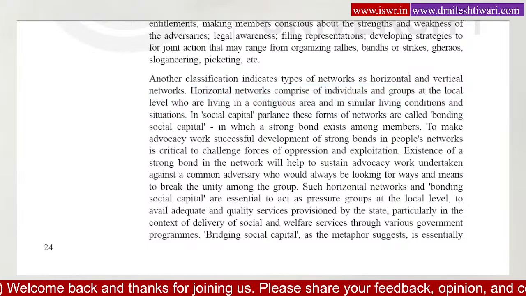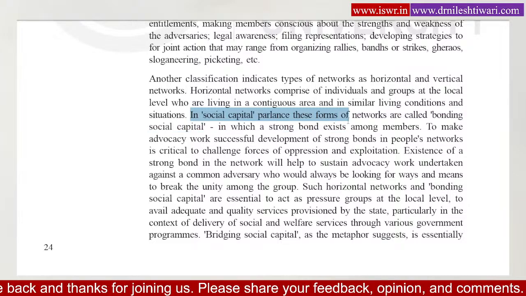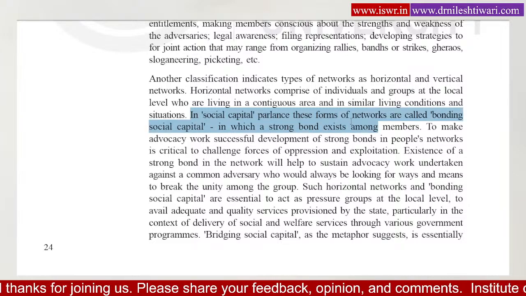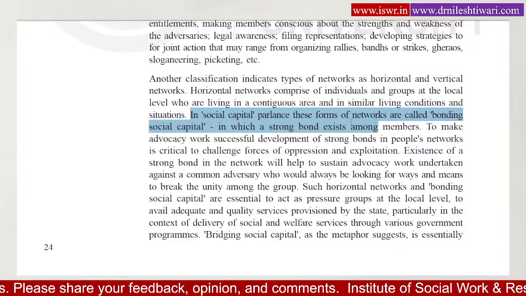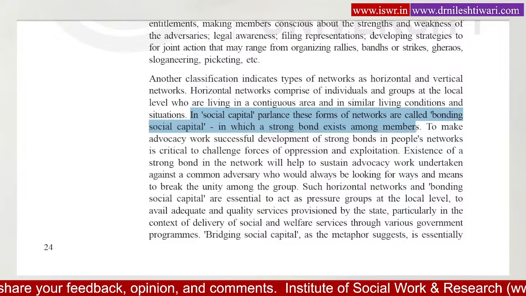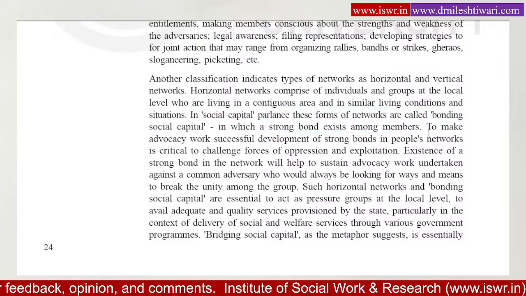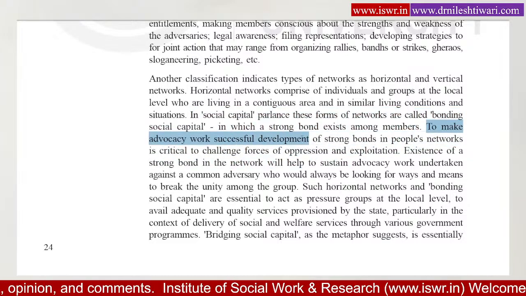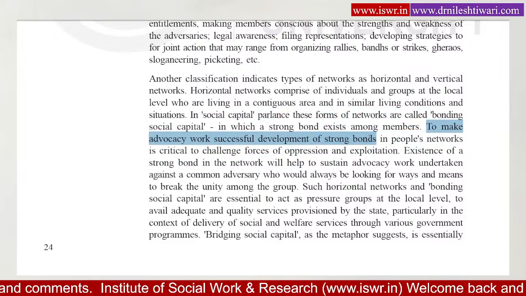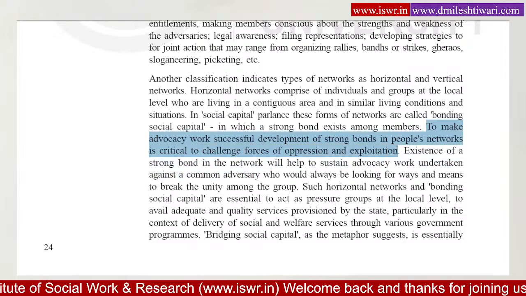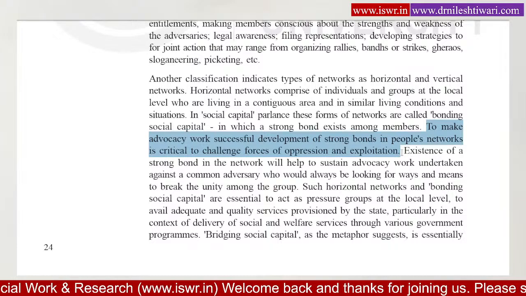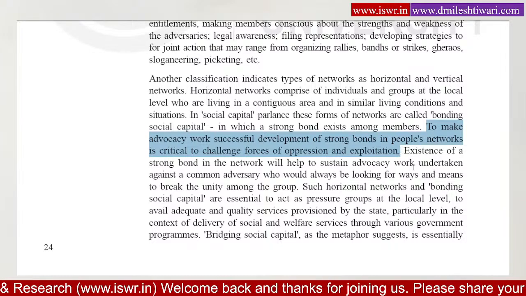So, in social capital parlance, these forms of networks are called bonding social capital, where they have a strong bond among the members. And to make advocacy more successful, development of a strong bond in people's network is very important, right? So this is the thing.